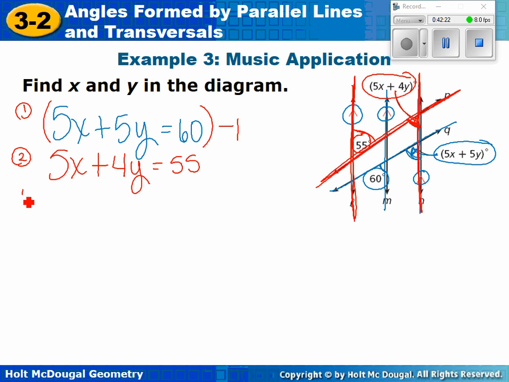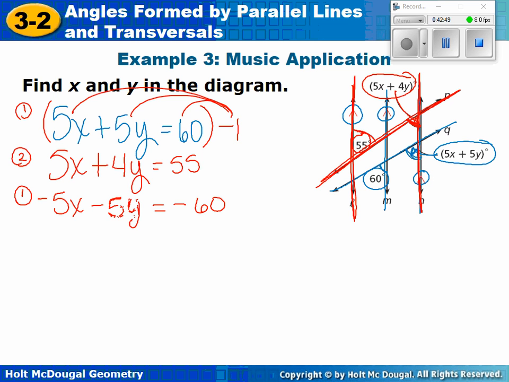So I'm going to come down here and rewrite equation 1 after I multiply every single term by -1. So now I'm going to get -5x minus 5y. And again, my board won't write very well right here for some reason. Now, equals -60. So I'm just multiplying equation number 1 by -1, and then I brought it back down.